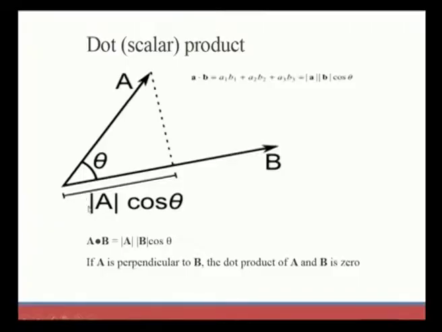That is called the dot product. If A is perpendicular to B, the dot product of A and B is 0.